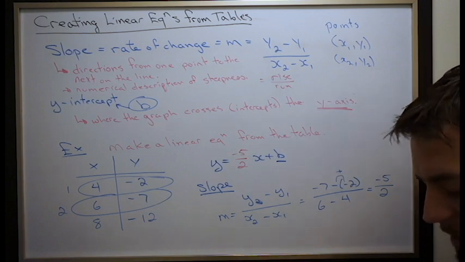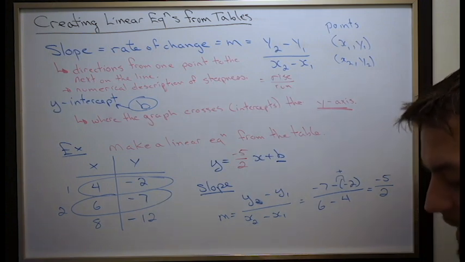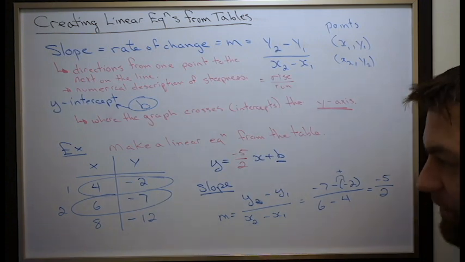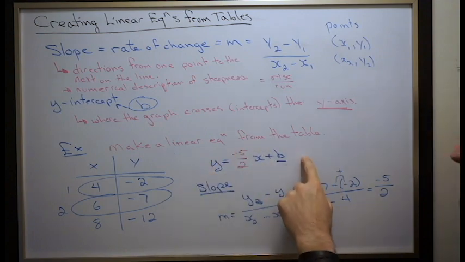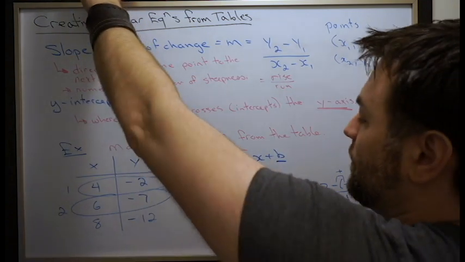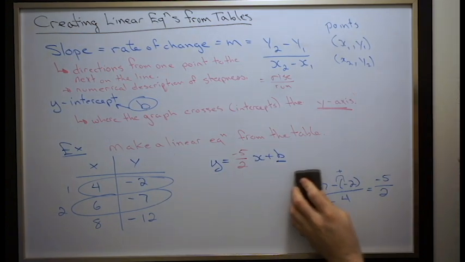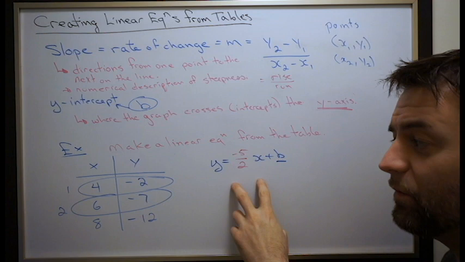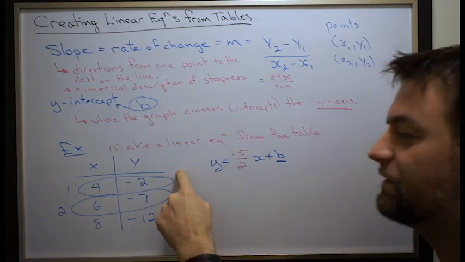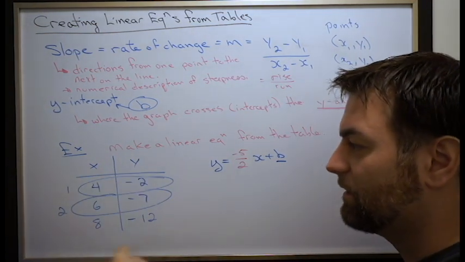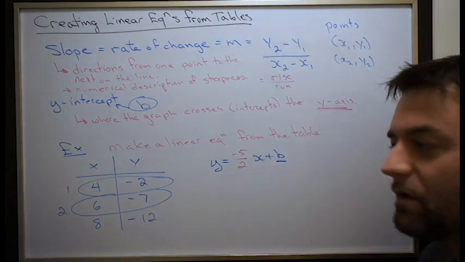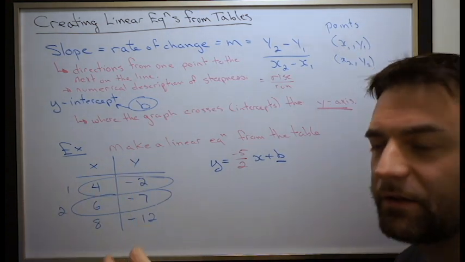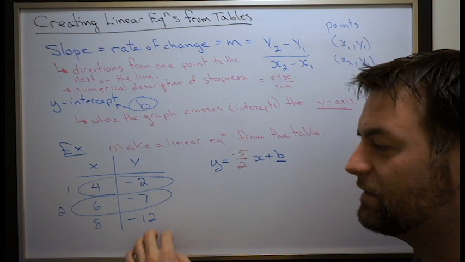Now the next part here, we need to find the b value. And to find the b value, we have to take this equation now and substitute in one of those points. The goal of this equation is to tell us these values, and then any others.